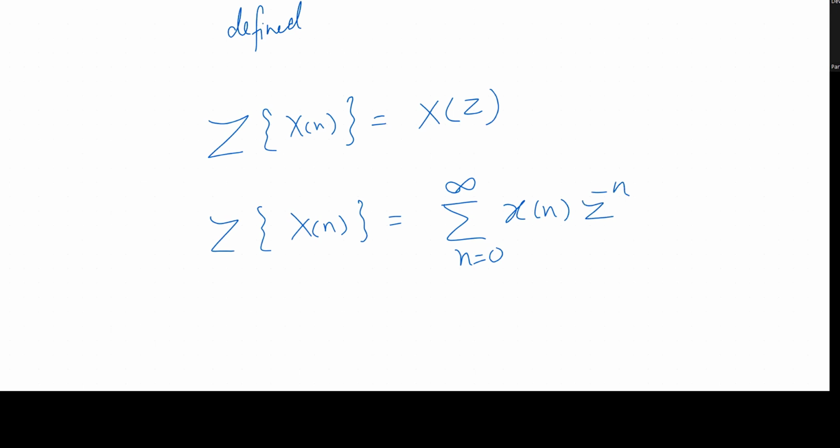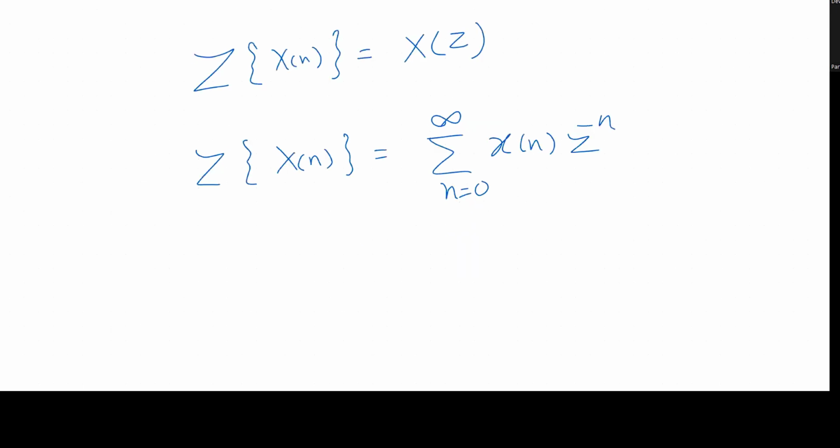Next. Now you will understand easily. We can share the screen, first for unit sample sequence and unit step sequence. Shall we? Now you got the definition of this Z transform.